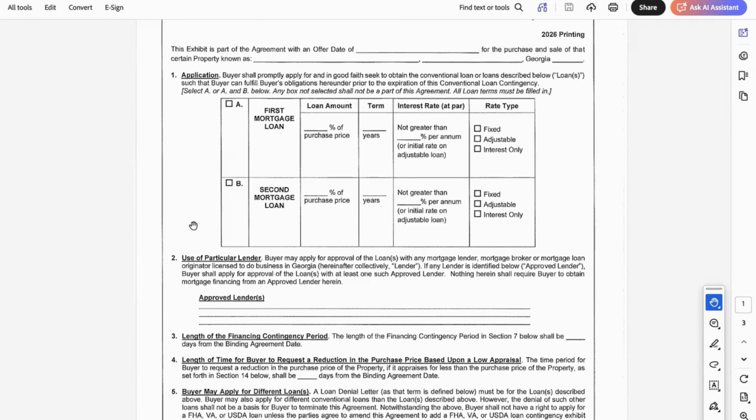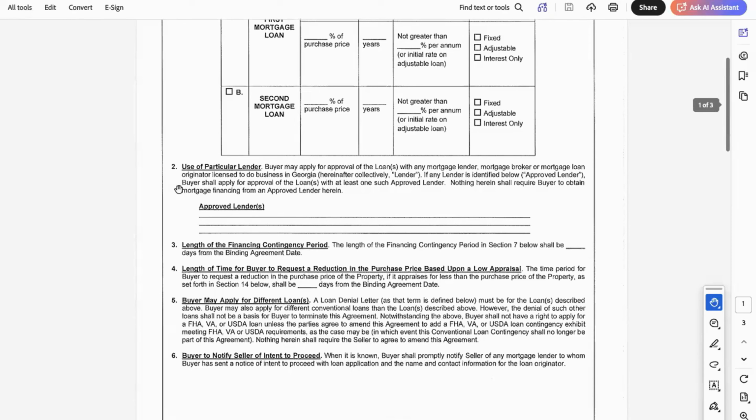This matters because if the buyer is denied financing, denial must match the loan described here. A denial for different loan terms does not qualify.